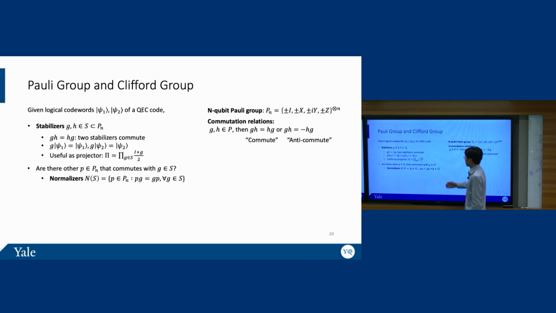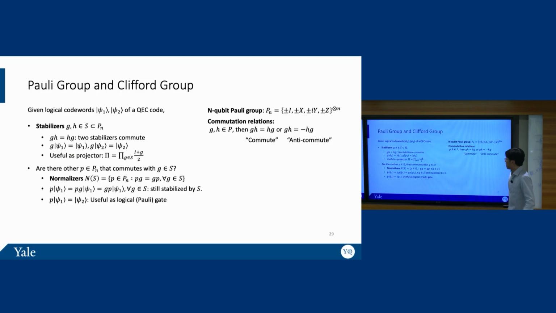So we can define another group of operations called the normalizers that are elements that commute with all my stabilizers out of the Pauli group. So the other things that are not stabilizers, but they all commute. These are nice things that we can see act as a logical operation.